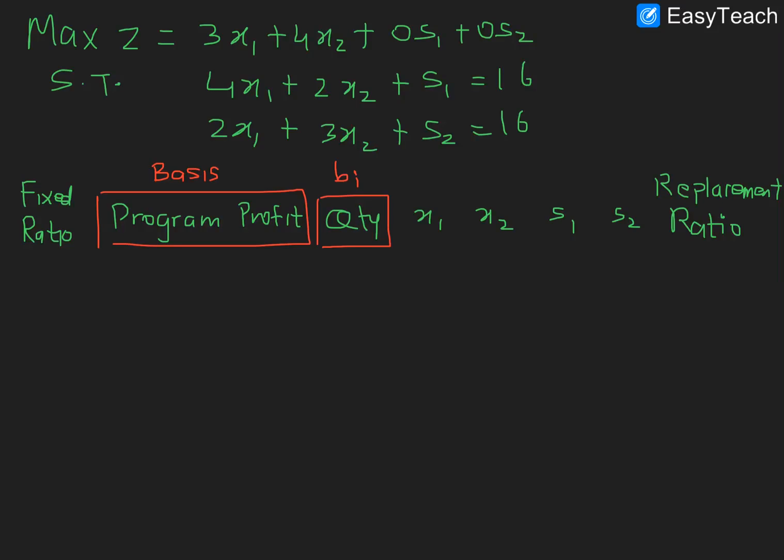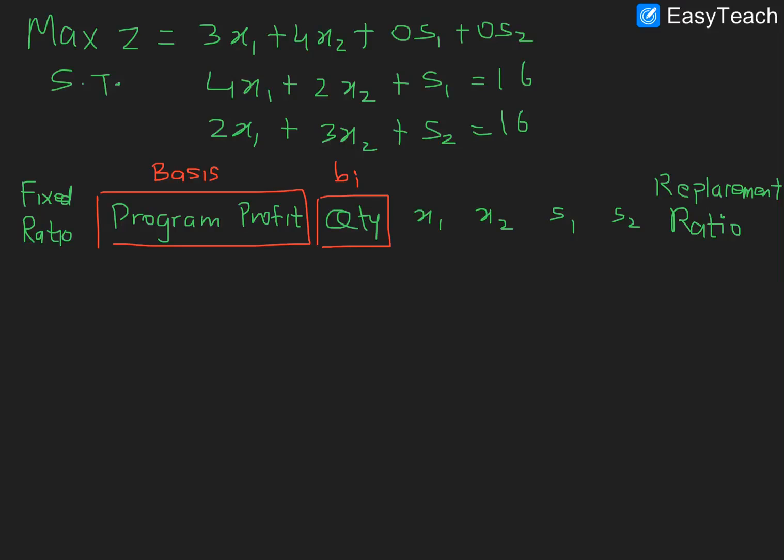So can I say I'm producing x1 and x2 units? 0 units. I'm not producing any units of them. So currently my resources are idle. And what was the variable that was indicating the idle resource? You're absolutely right, it's s1 and s2.